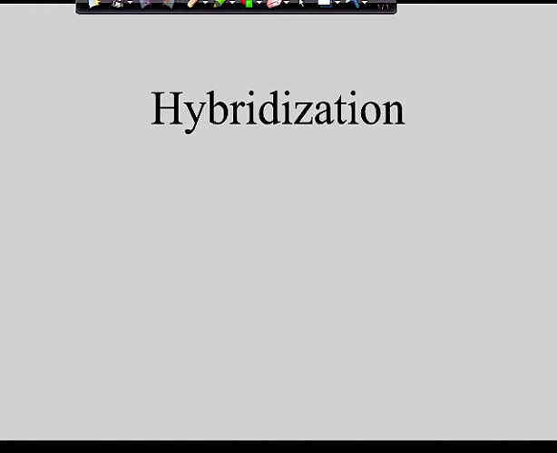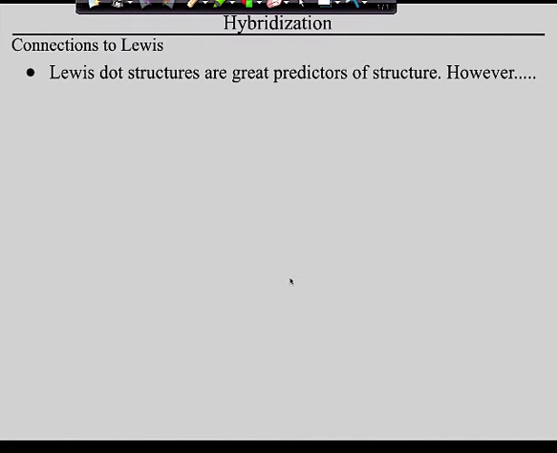But guys, the safest place to start the conversation as a jumping off point is connecting this to Lewis dot structures. And guys, I would suggest you don't write any of this down until we draw a Lewis dot structure coming up next. So guys, we understand that Lewis dot structures do a really good job of explaining structure. Who's bonded to whom? Where are the unbonded pairs?